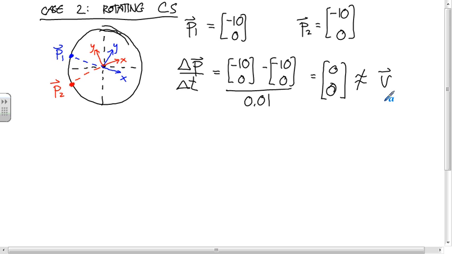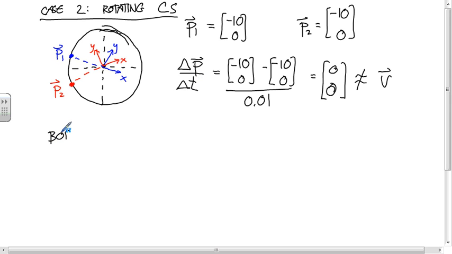So we're going to have to deal with this fact that when you use time derivatives in rotating coordinate systems, you have to treat them differently than you do in non-rotating coordinate systems.